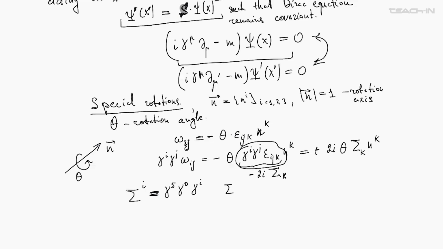So to speak, it is the collection of three matrices labeled by this index I. You can say that this is a collection of sigma 1, sigma 2, and sigma 3. Yes, a collection of three matrices. And in this way, you can identify it with a matrix 3-vector. So to write it in this way.